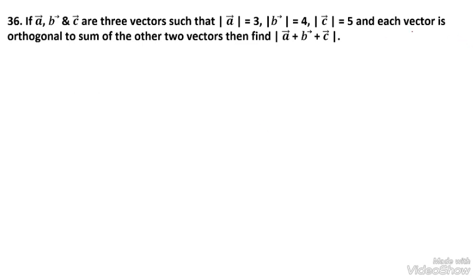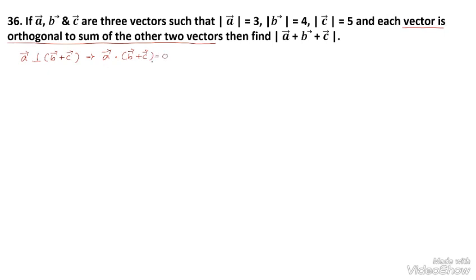Now, by the statement, each vector is orthogonal to the sum of the other two vectors. Here I can take a as orthogonal to the sum of the other vectors. Orthogonal means perpendicular. If two perpendicular vectors are taken in a dot product, then the dot product will be 0.